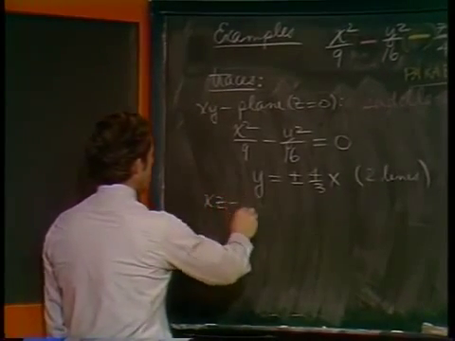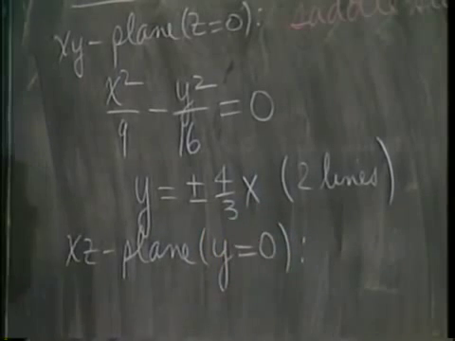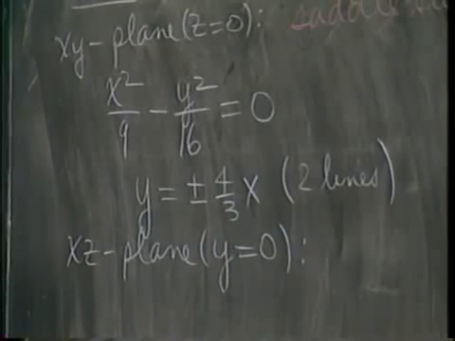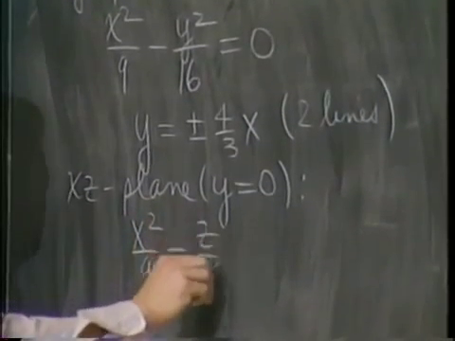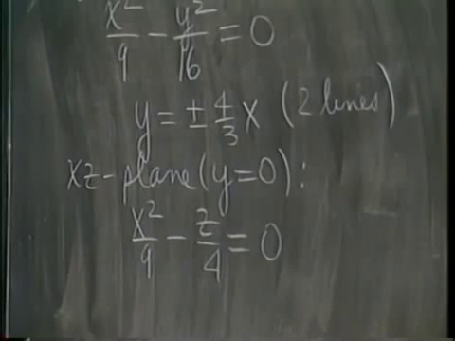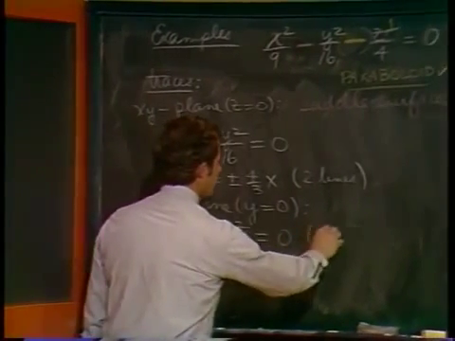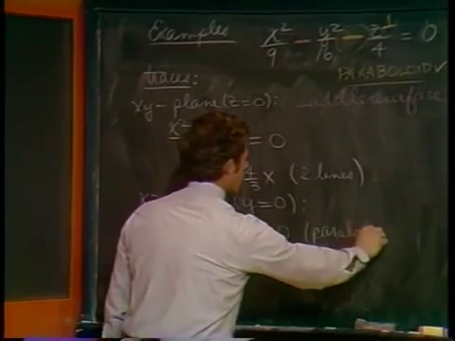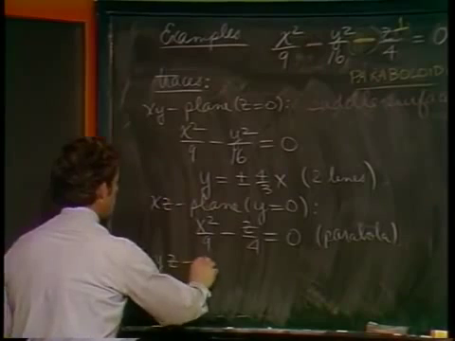XZ plane. Let y be 0. You get x squared over 9 minus z over 4 equals 0. What's that? Parabola. And it turns out you get the same thing in the YZ plane.